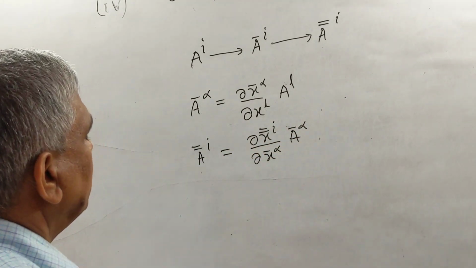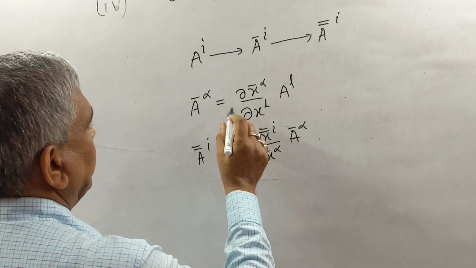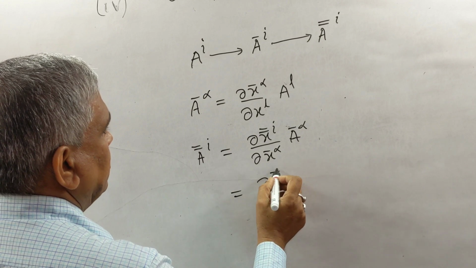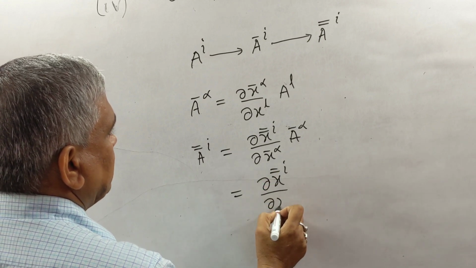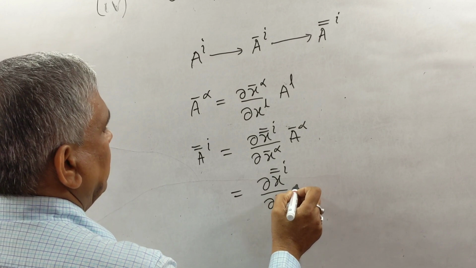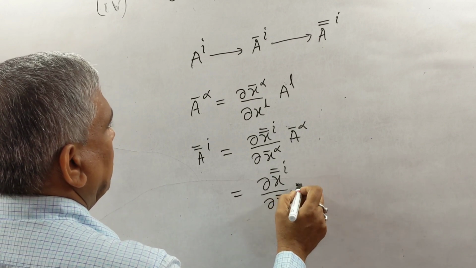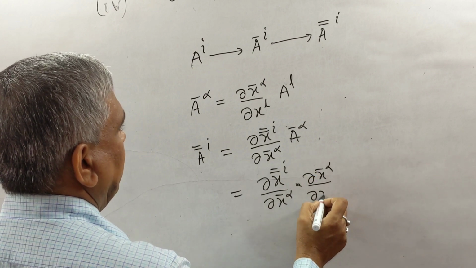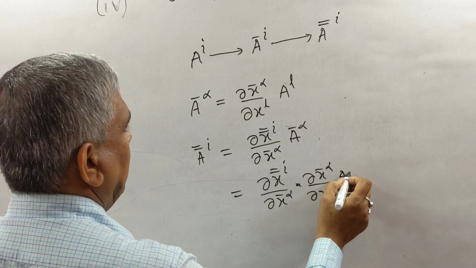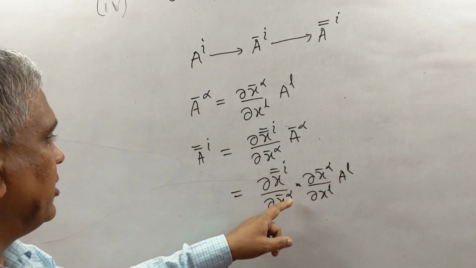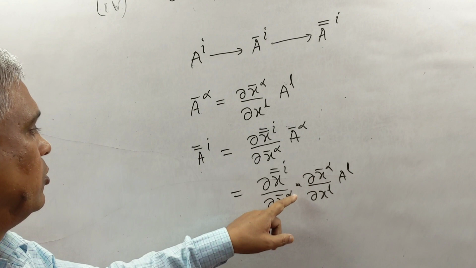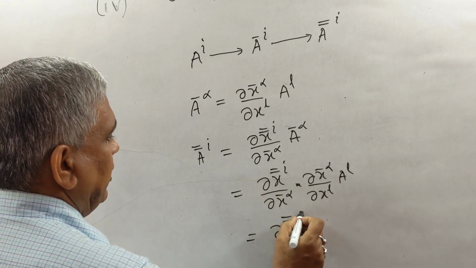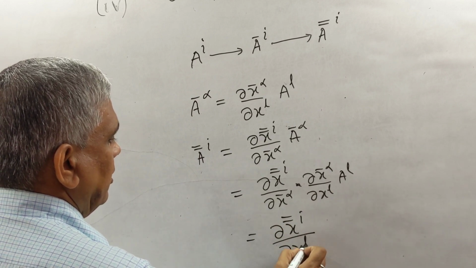So, putting values of A bar alpha from this equation, we get del x double bar i by del x bar alpha into del x bar alpha by del x l, A l. Here alpha is the dummy suffix. So we may write this del x double bar i by del x l, A l.